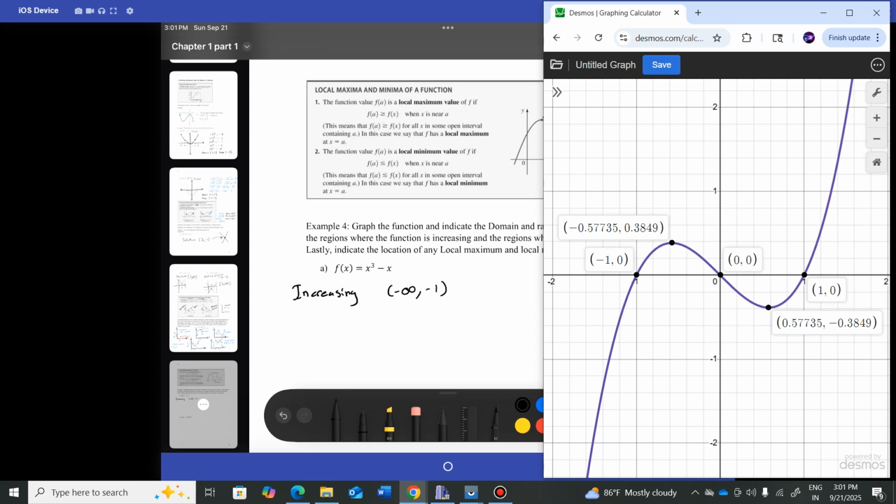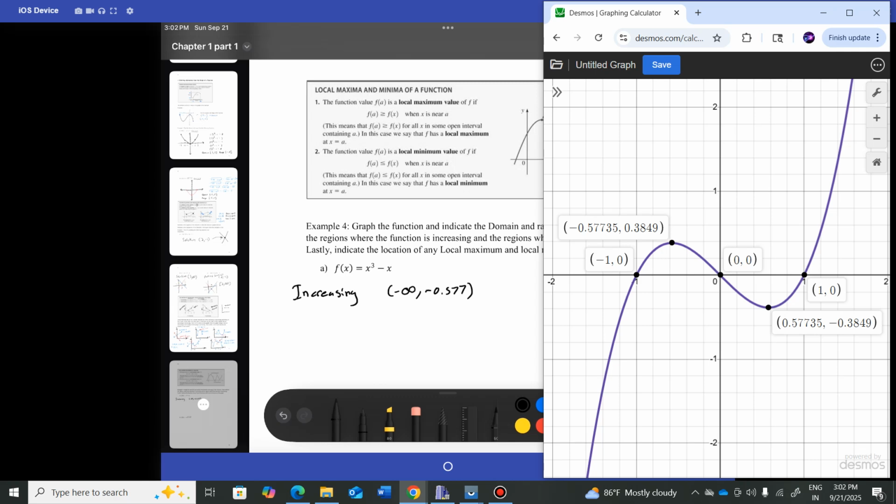I'm not sure if you can see the cursor in the video, but it's the section here where it goes up from negative infinity to that negative 1 on the x-axis, and we always read it across the x-axis. And then it continues to increase. So actually, you know what, I went up to the intercept, but I have to go all the way up to the maximum point. Right, so it's negative 0.577. Okay, so it goes all the way up to here.